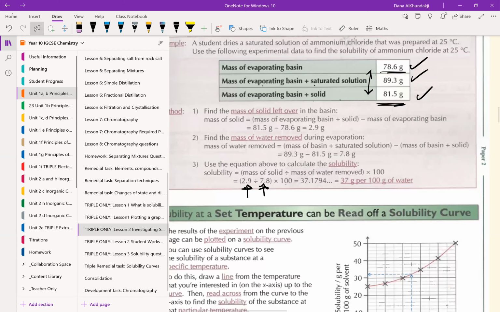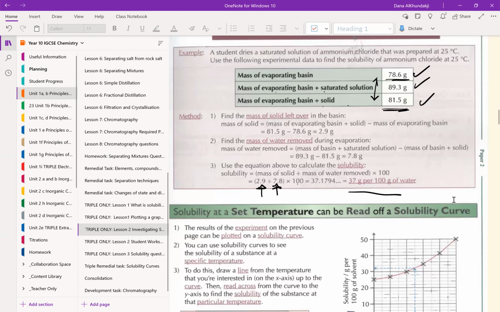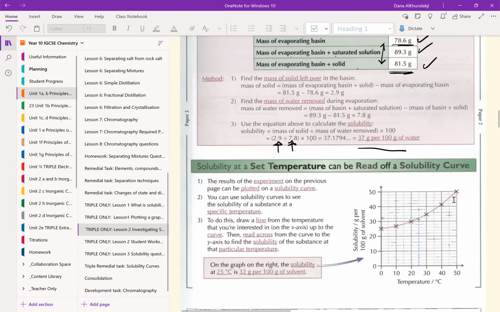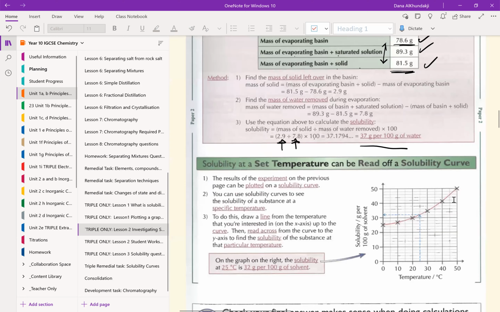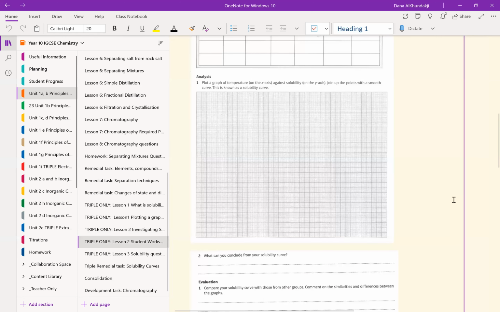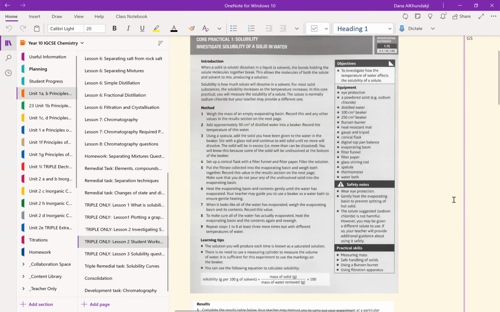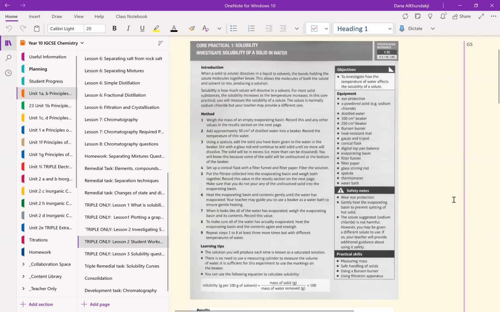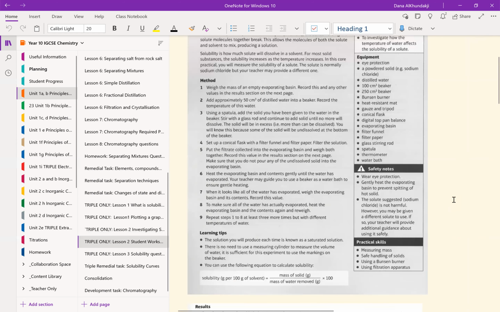So you can pause the video and study the data for your own analysis. So that will give you this value eventually. And then it can be repeated at different temperatures and you can compare. So this was the lab that we did, and you can have a look at it.